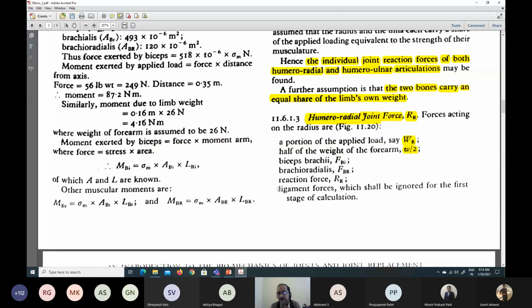But very important, the ligament forces for the first stage or the first part of the problem are not taken into consideration, and will be taken into consideration later. So they shall be ignored for the first stage of the calculation.